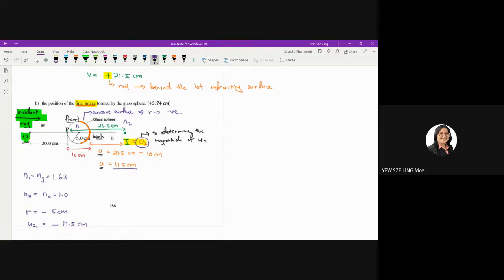Alright, so N1, N2 dengan R kita determine based on the original object, and then when it comes to U2, it's based on O2.